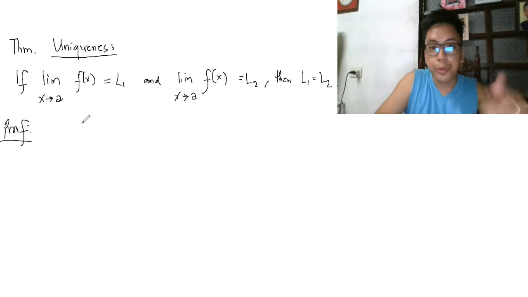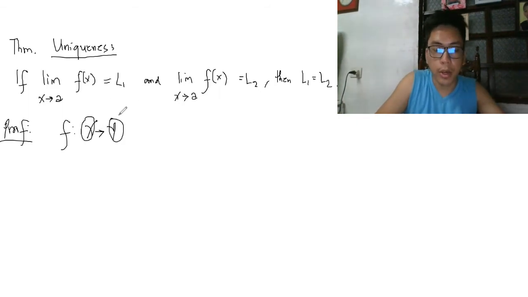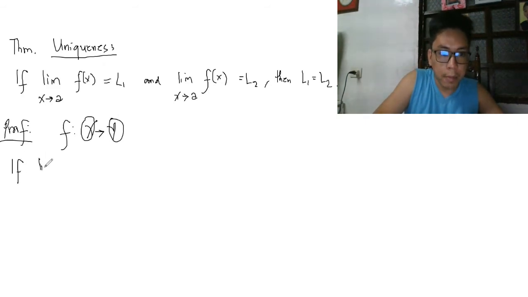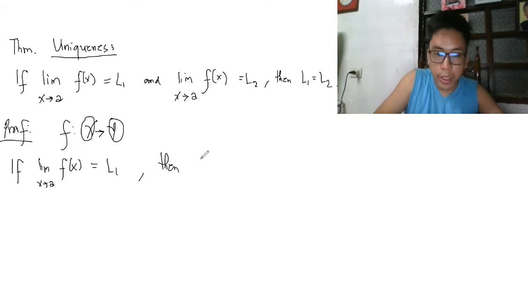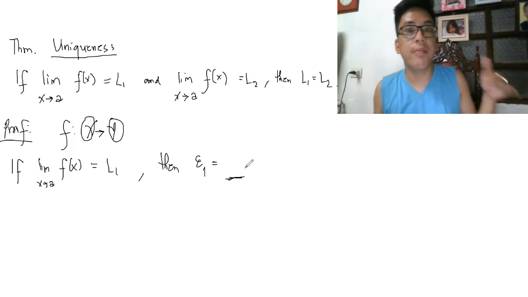Throughout this proof we assume that the function maps from X to Y. This is your domain here and this is your codomain. If the limit of f of x as x approaches a is L1, then you have an epsilon 1, and for this time we don't know yet what the value of epsilon 1 is, meaning we will make an adjustment later.